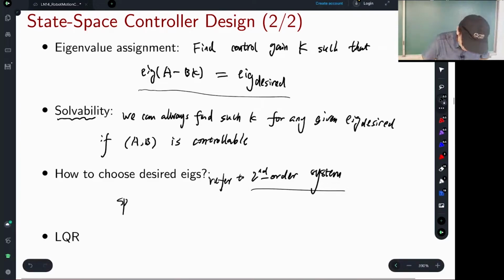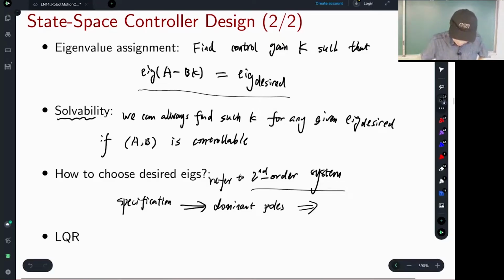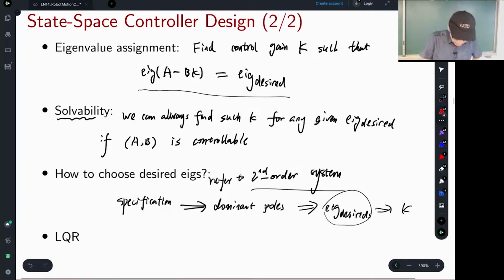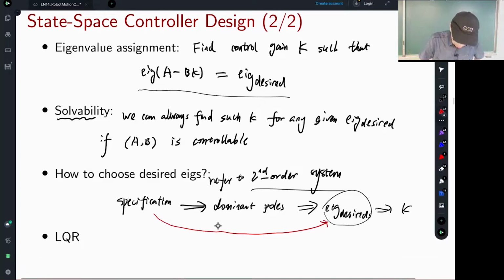Okay, so typically that will be the specification. Then you choose dominant second order pole pairs, and then you come up with the whole overall set of eigenvalues, and you design K to place the closed loop poles at these desired eigenvalues. Okay. Here, from the specification to here, this is the art.